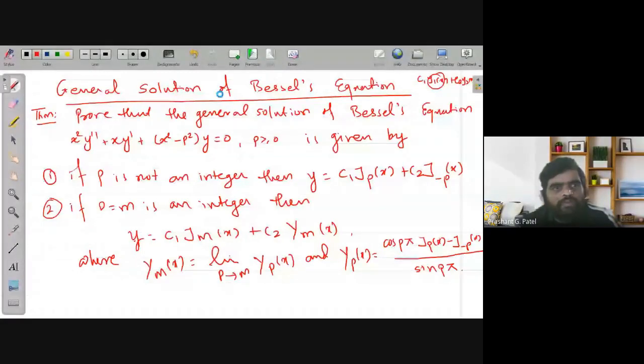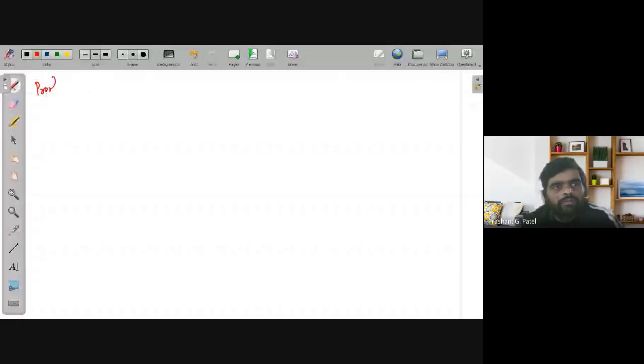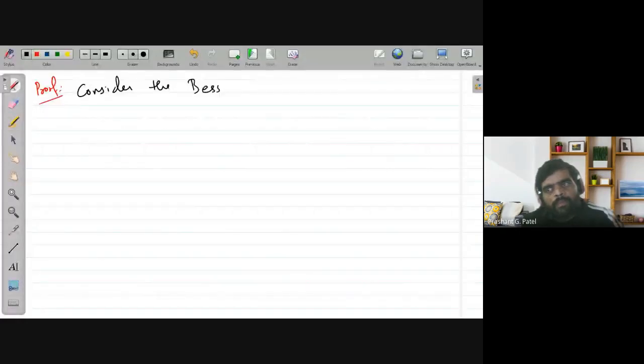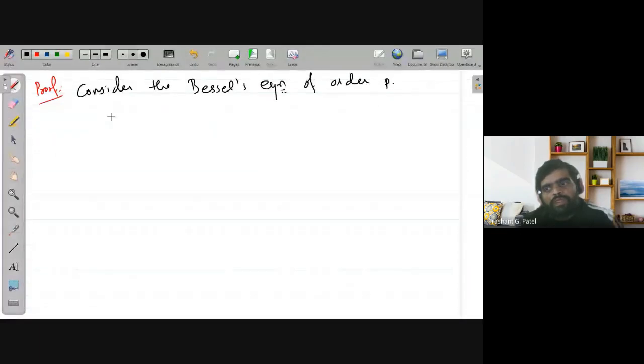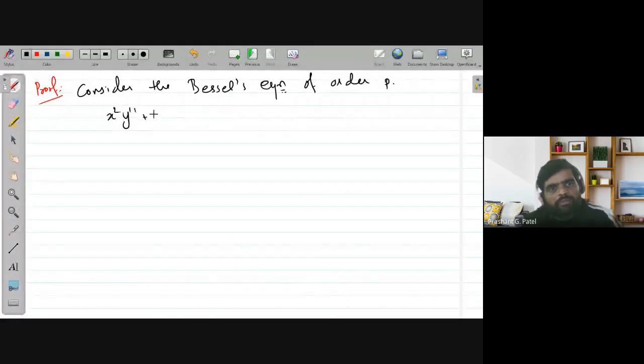Proof of this: consider the Bessel's equation of order p as x square y double dash plus x y dash plus (x square minus p square) y equal to 0, and p is greater than or equal to 0. We'll call this 1.